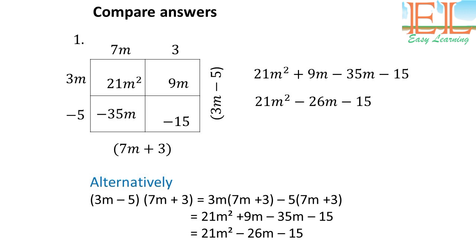Now expanding, 3m times 7m gives 21m squared. 3m times 3 gives 9m. Negative 5 times 7m is negative 35m. And finally, negative 5 times 3 is negative 15. When you simplify, you get 21m squared minus 26m minus 15.